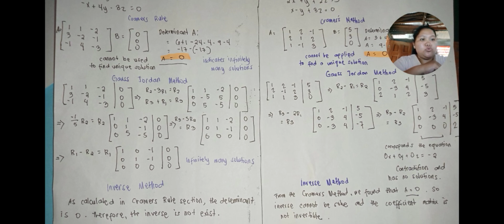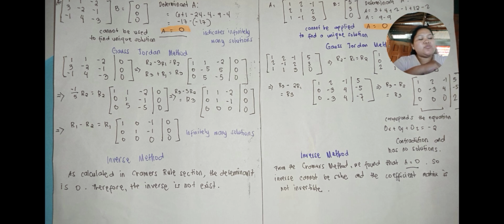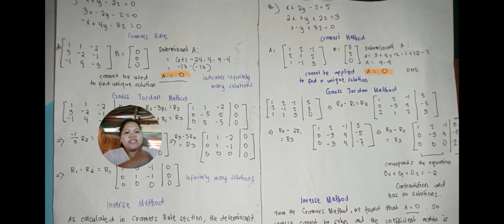So it shows infinitely many solutions. We cannot proceed with the inverse method since, as calculated in Cramer's rule, the determinant is 0, and therefore the inverse does not exist. It is not invertible.